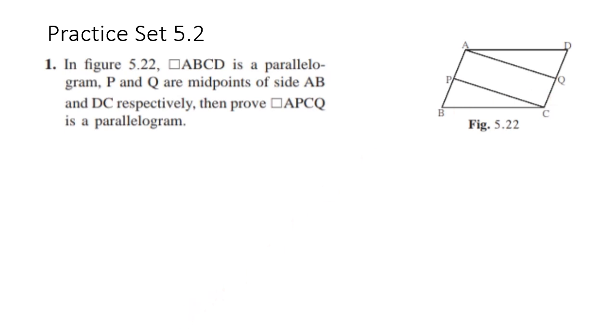Let's see. So the proof starts as segment AB is parallel to segment DC. Why? Because ABCD is already given as a parallelogram, so segment AB is parallel to segment DC.